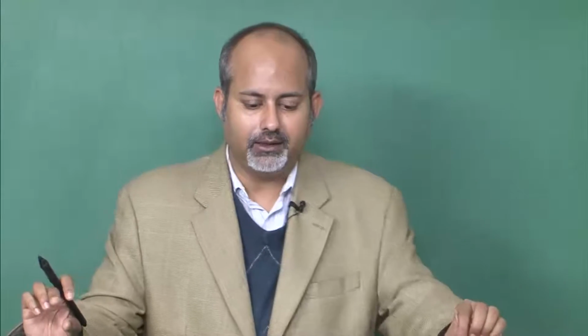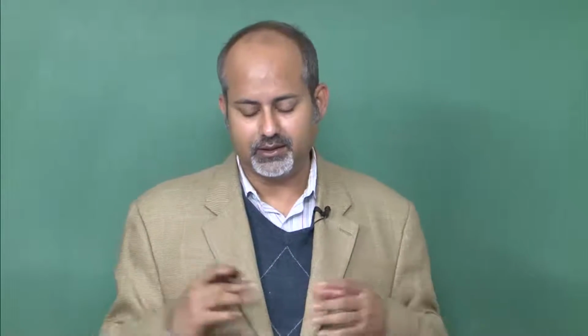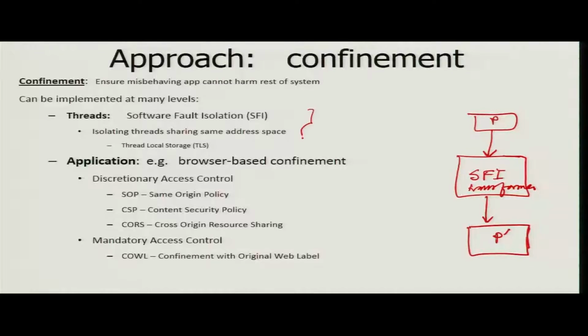By this you will achieve quite a bit of isolation, and these are called logical fault domains that each thread can access. This is getting a lot of traction these days, and we will have a paper in the study material to study more about some of the software fault isolation techniques.